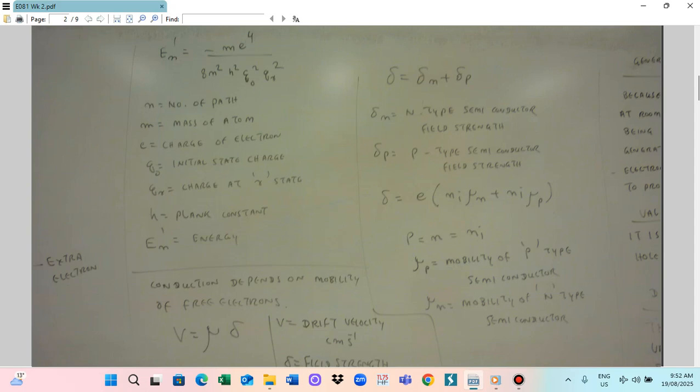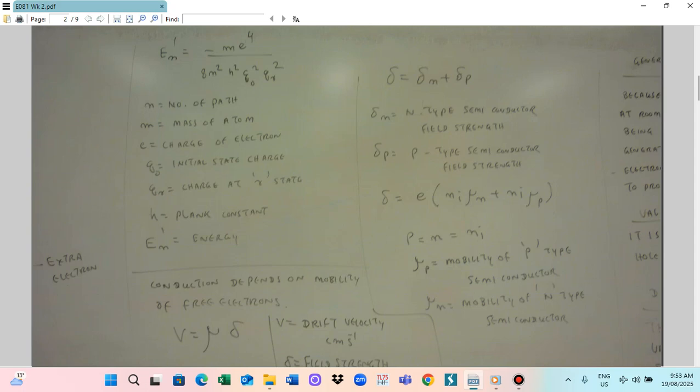By putting in the extra electron, the energy level can be changed, and this energy level can be calculated by this equation. For the hydrogen atom, this E will be 13.6 eV. For the crystal atom, we can then calculate with the equation. This is the way we calculate the energy possessed by the electron state.